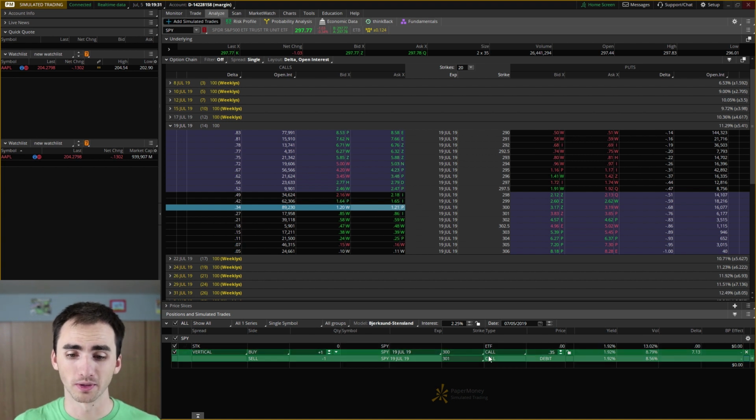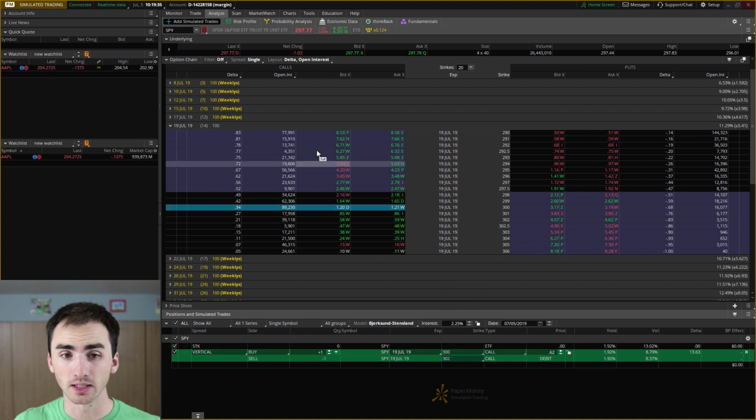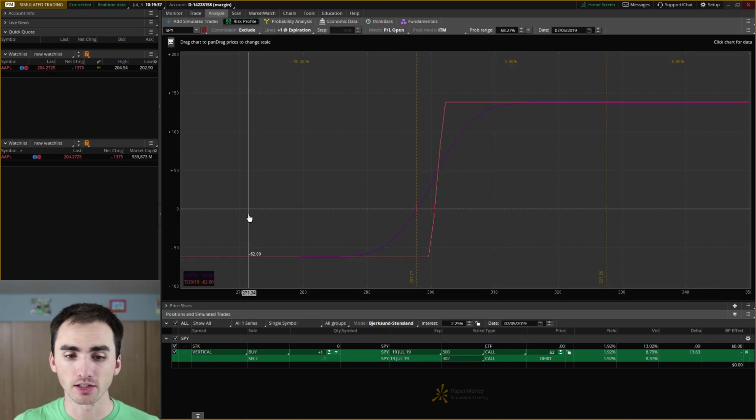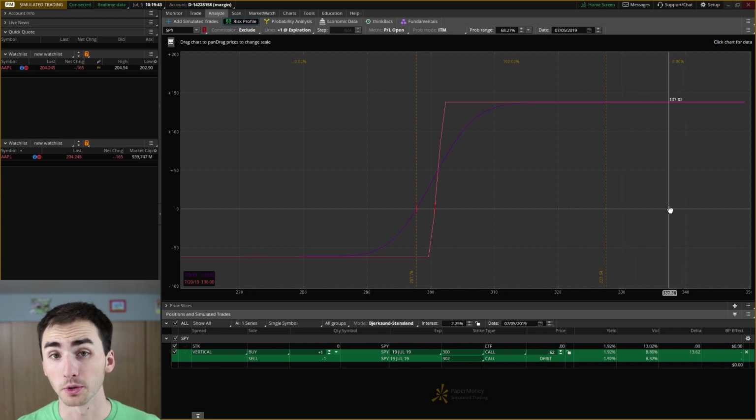Down here, we're going to buy the 300, switch this to 302, and we can see what that looks like. That would be buying it for $62, and that would give us the potential for a $137 return. So you're risking a lot less to make more.